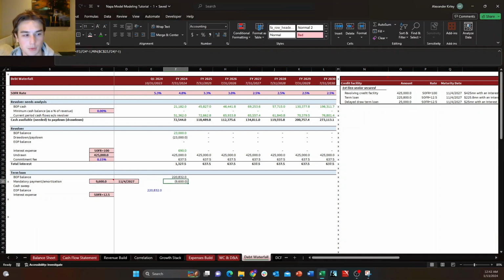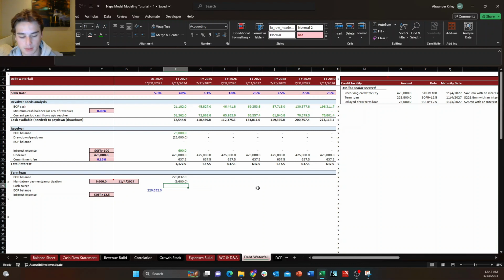So let's get into our cash sweep. The whole idea here is we need to create a formula that allows us to state that if Napa has extra cash lying around, I may want to pay down this term loan so I can avoid future interest payments.